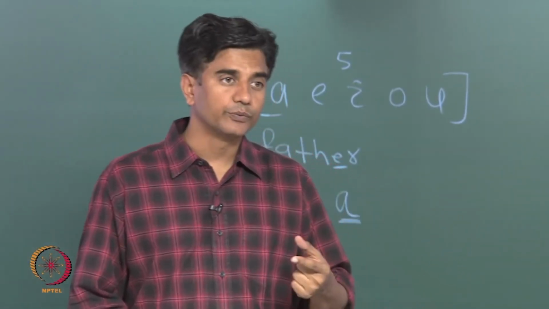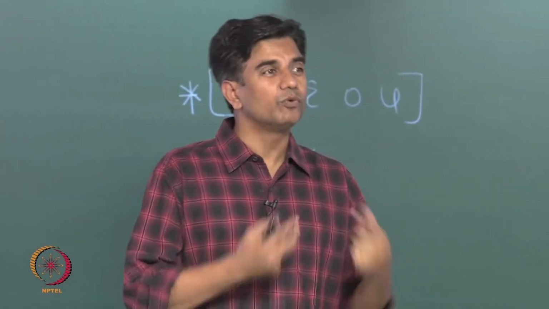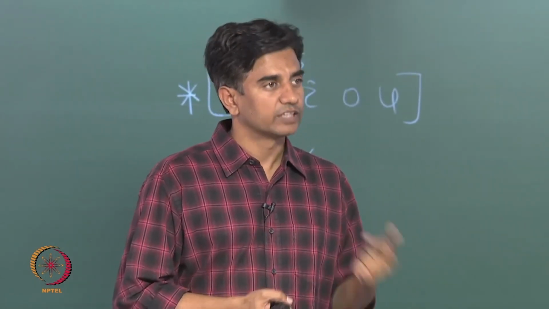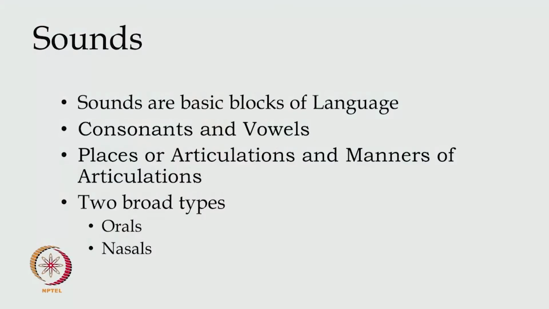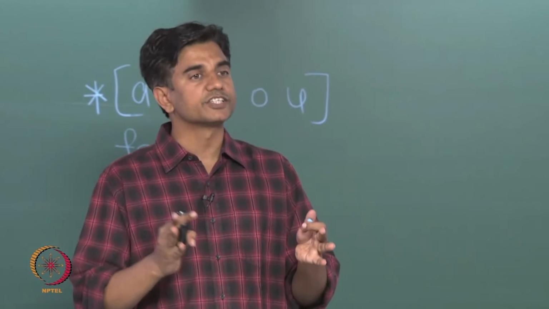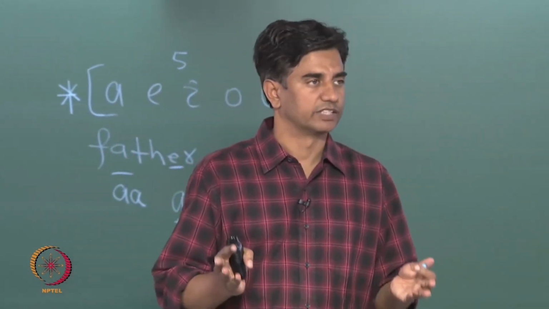And how, that is, there are more things responsible for that, which is referred to as manners of articulation. So these are two important things which we will be looking at in a clear way, and on the basis of these we will be able to see the clearer distinctions between consonants and vowels.